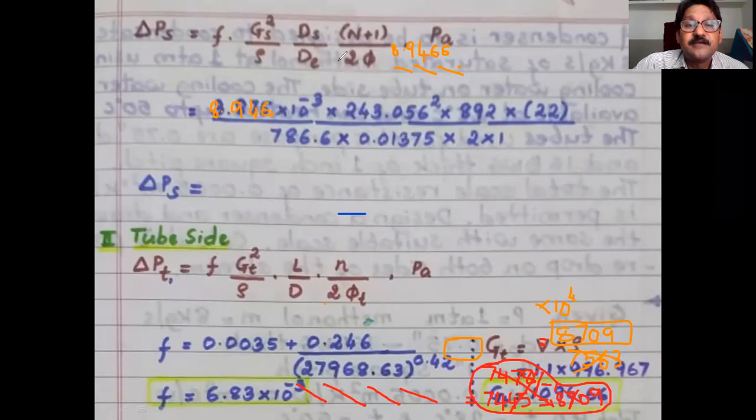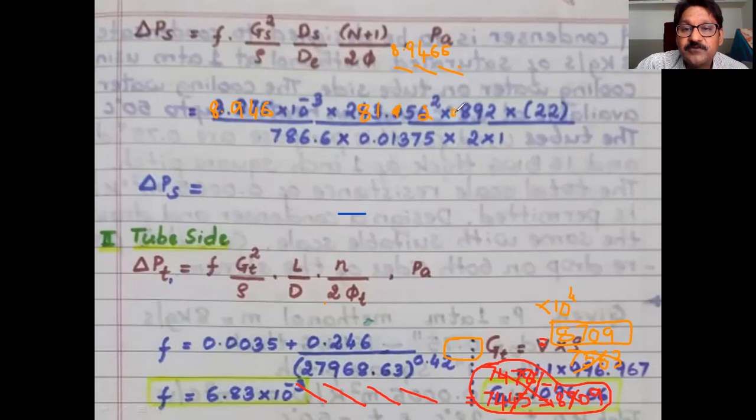Okay. Next, Gs is what? What is Gs? Value of Gs? 281.52. 281.52 squared, right? And Ds is 892.